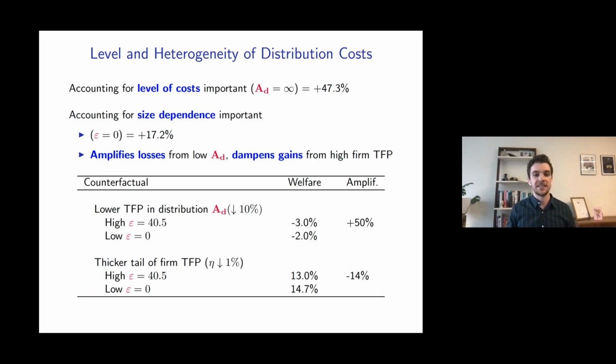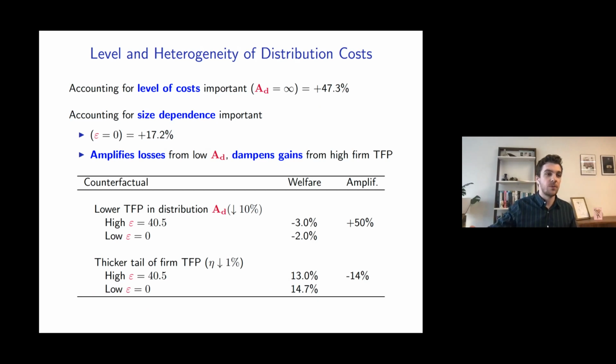We lower AD by 10%, and consider how big the welfare impact is in our baseline calibration with a high value of epsilon, and in a counterfactual in which epsilon is 0, so the distribution share is the same with firm size. The welfare gains are minus 3% versus minus 2%. So the losses are 50% bigger in a model that accurately captures the systematic size heterogeneity than in a model in which you assumed that all firms have the same distribution share.